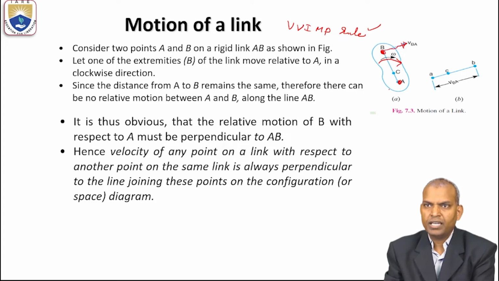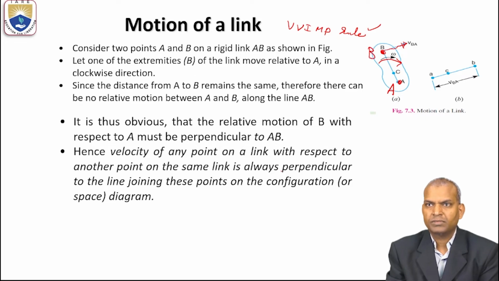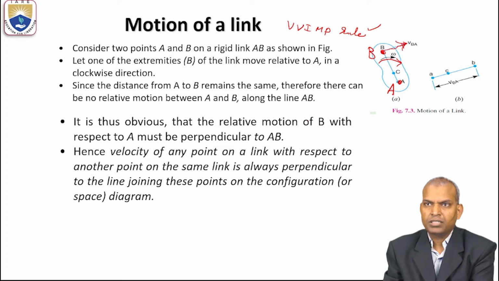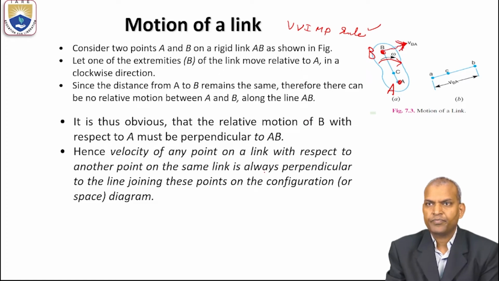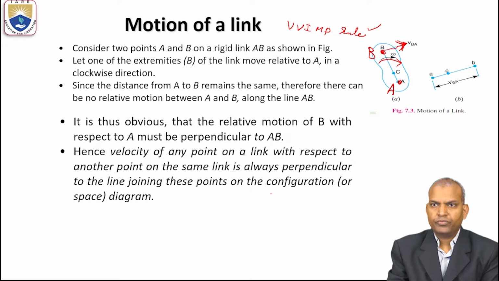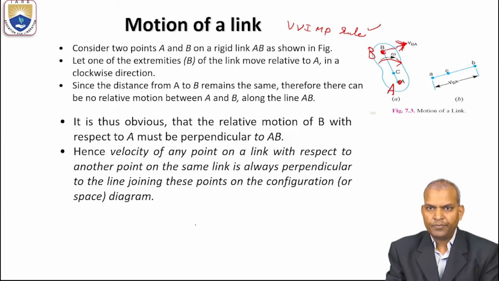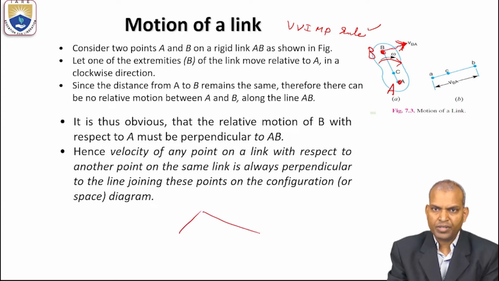So this is point A and point B, from point A to point B, that is VBA. Now, suppose the configuration diagram is a slider crank mechanism.